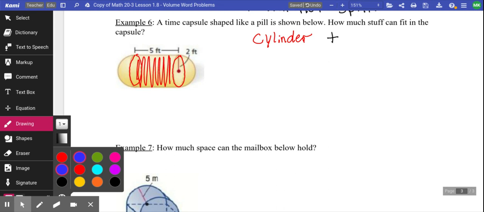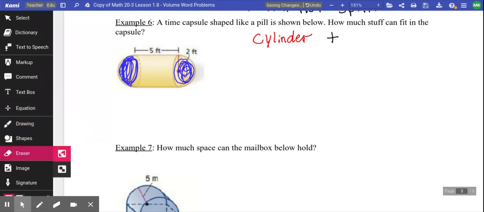If I look at these ends, what I've got is two half spheres. So if I think about that, those two half spheres create one ball.